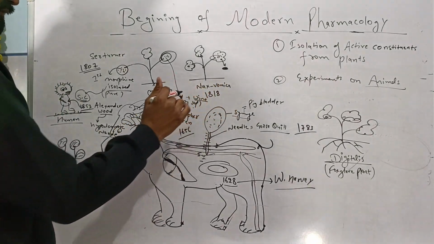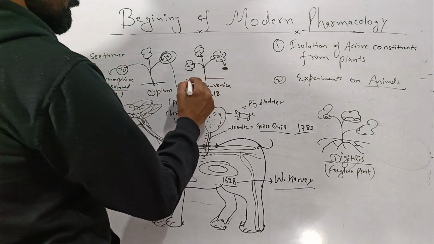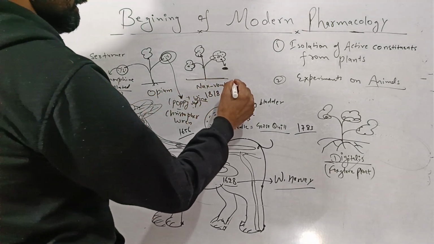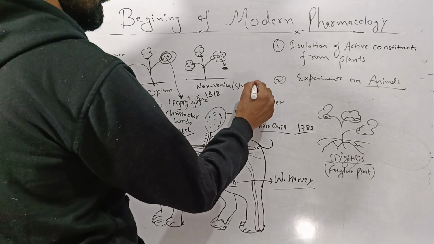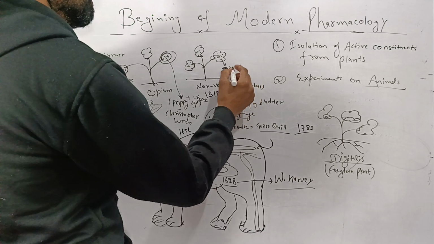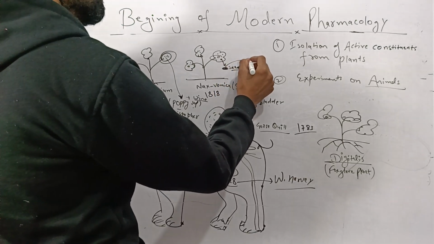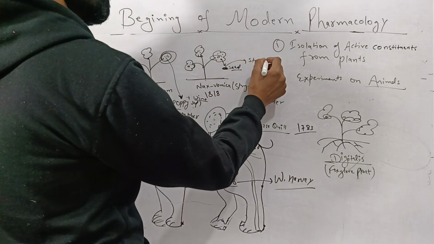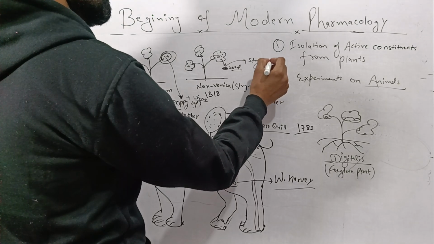Then, this is the Nux vomica, that is the Strychnos plant. From the seed of this plant, strychnine poison was isolated.